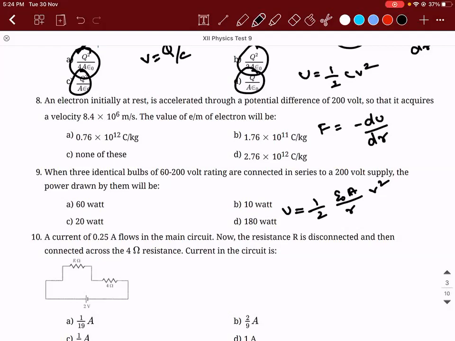Any doubt, guys? No, sir. Okay. So if I differentiate this with respect to R, what do I get? Minus dU divided by dr is equal to half epsilon naught A V square into the derivative of 1 by R, which is minus 1 by R square.